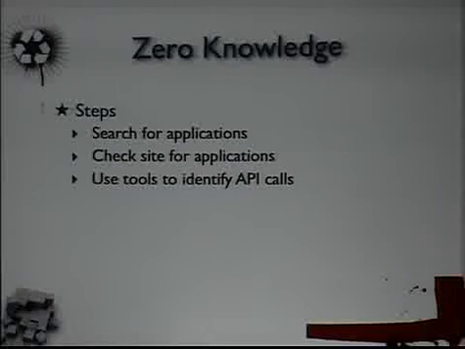And you can use tools, because it might not be obvious that you have a widget or something installed in your web browser that is making calls to an API. I would say that most people that install, say, social network applications wouldn't know that they're making some sort of back-end API call. But you can see those if you're using an inspection proxy in your browser, you'll see those calls going out.